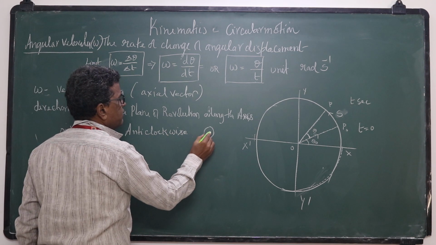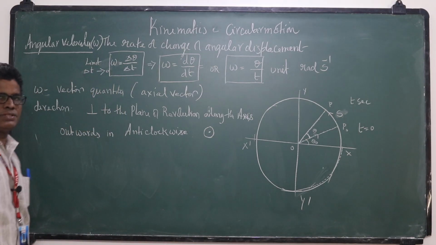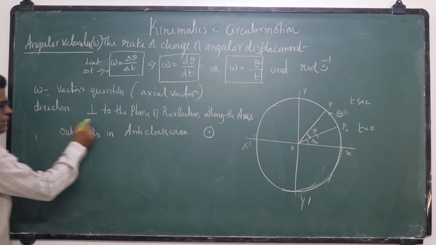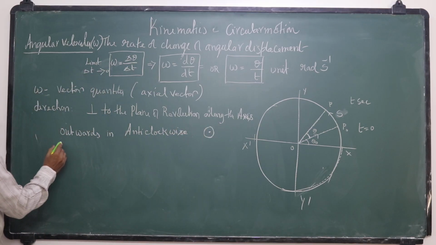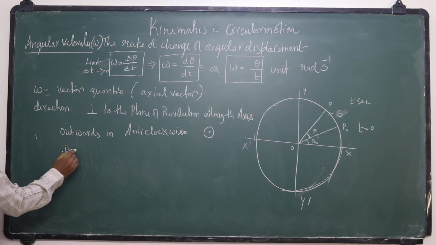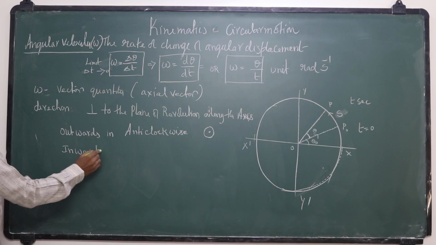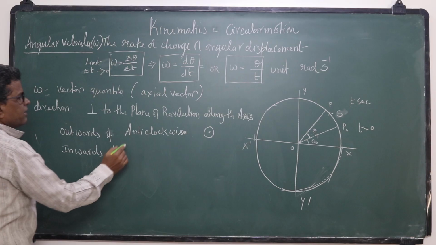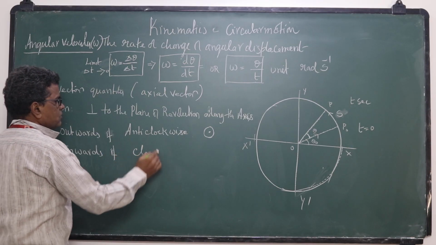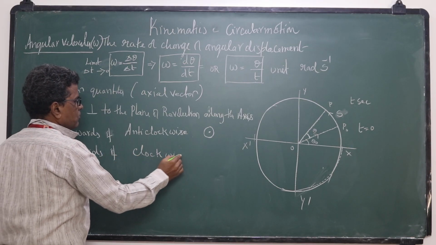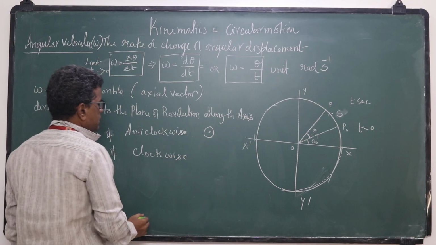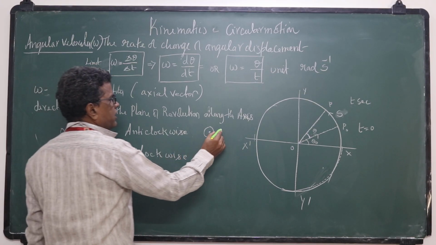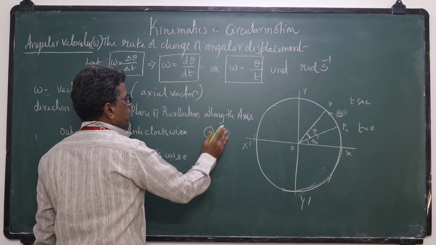It is represented with a dot surrounded by a circle. And it is perpendicular to the plane of revolution along the axis inwards if the particle is rotating clockwise. This is clockwise rotation, and that is anti-clockwise revolution.